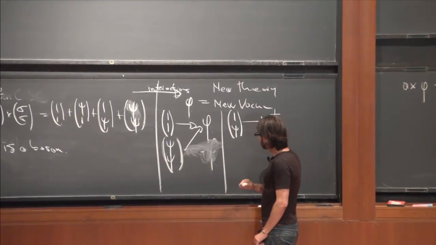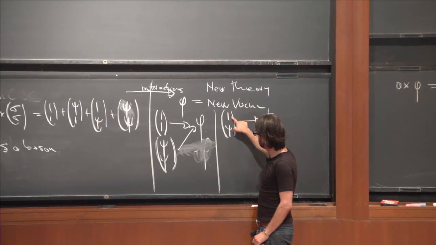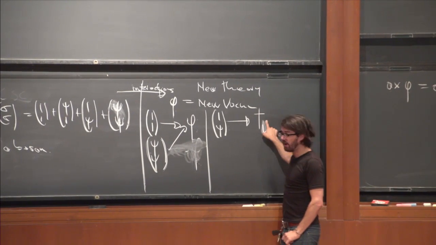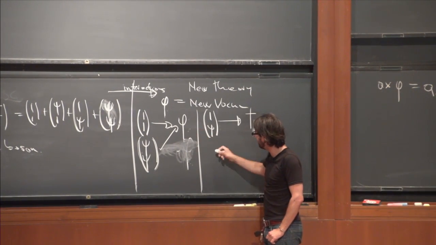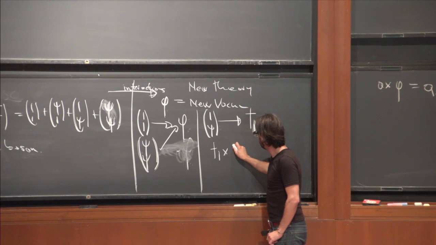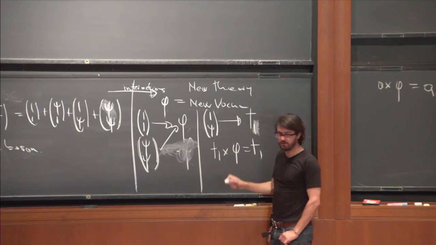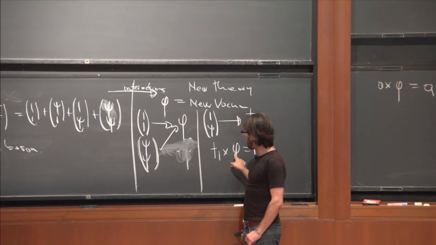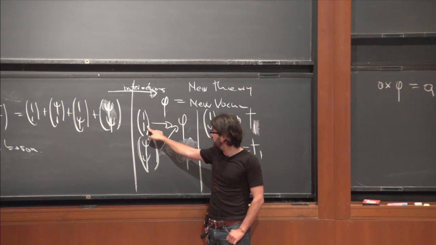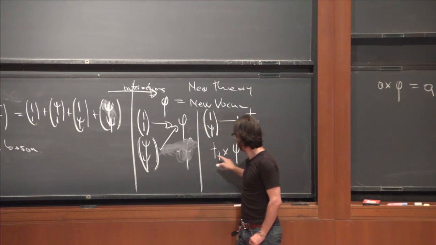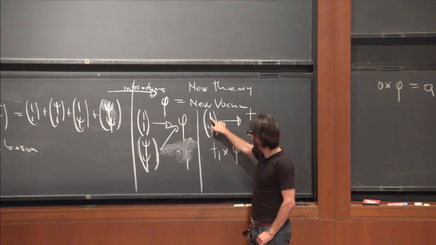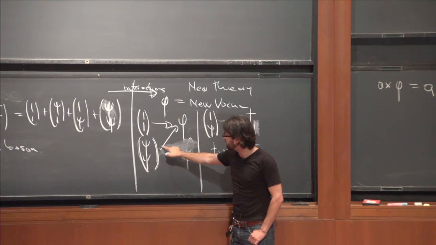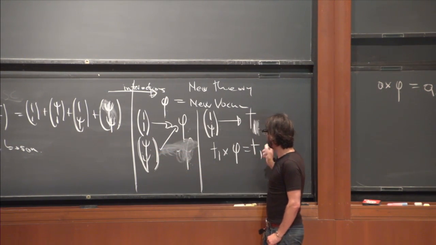But I know that this T1 times the vacuum must give itself, T1, in the new theory, because this is just the vacuum. Now the vacuum in the old theory was 1, 1, so obviously 1, 1 times 1 phi gives you 1 phi. But it was also psi, psi.